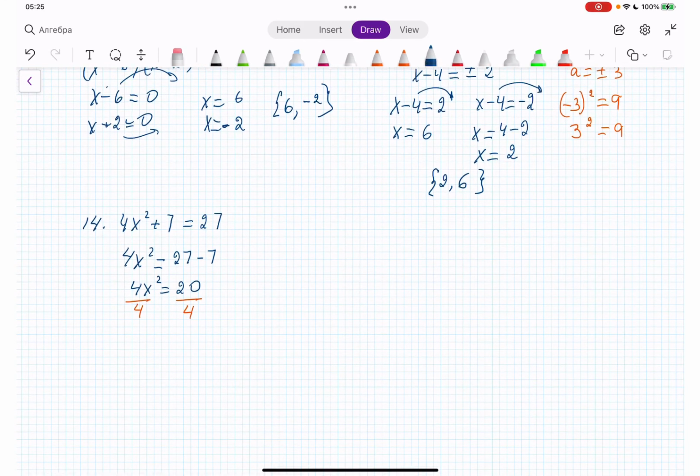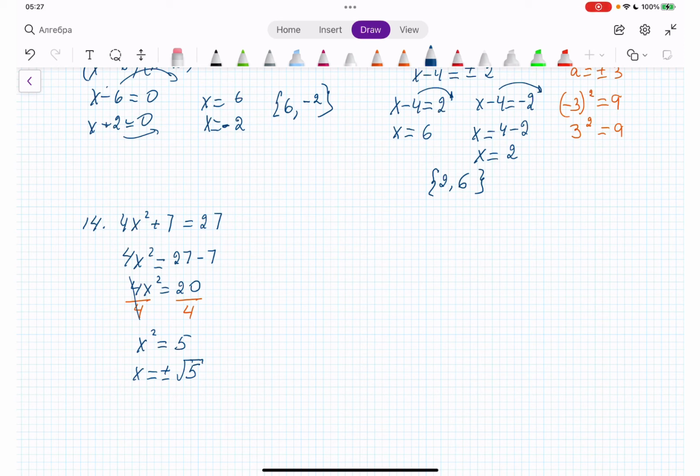This is gone, 4 and 4 cancel, and 20 divided by 4 is 5, which means x squared equal 5. And from here, we will have x is equal plus minus square root 5. Yes? Because we are taking a square root, it's always going to be plus and minus.